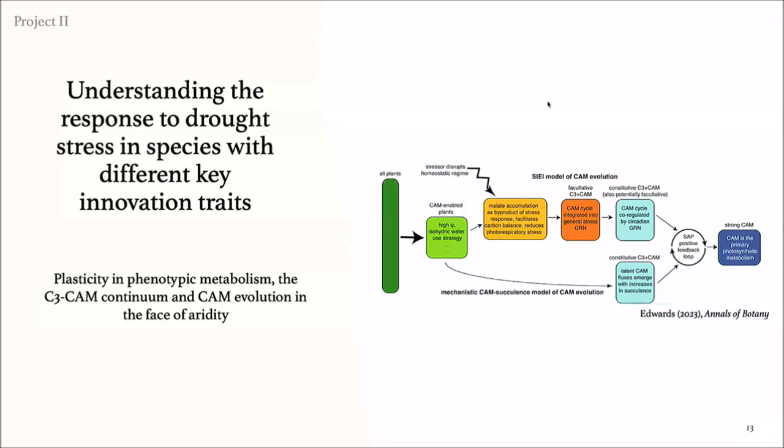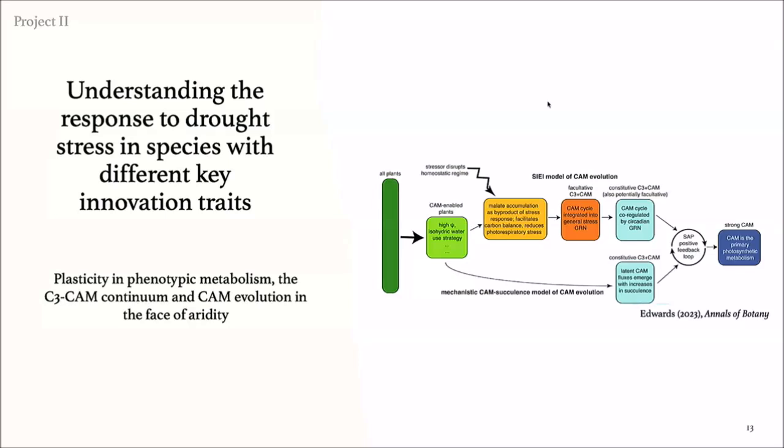And there is a shift happening at the moment in this field from thinking about CAM photosynthesis as a discrete trait to more of a continuous trait. But it's complicated because a lot of people tend to just create new labels for certain types of intermediates rather than looking at it as a real continuum.